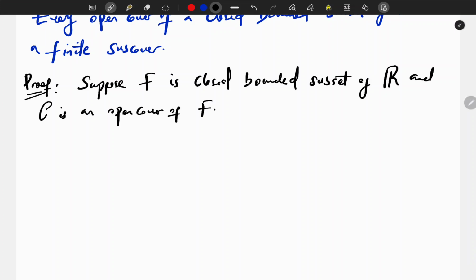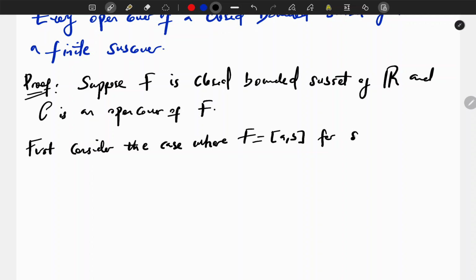So first, let's consider the case where F equals [a, b] for some a, b in R with a less than b.